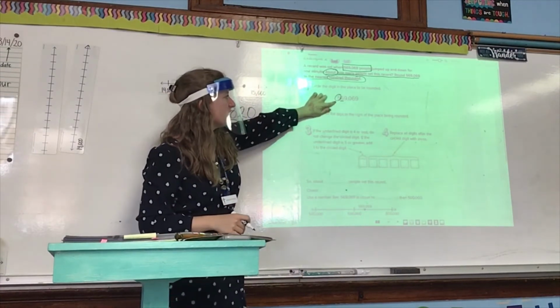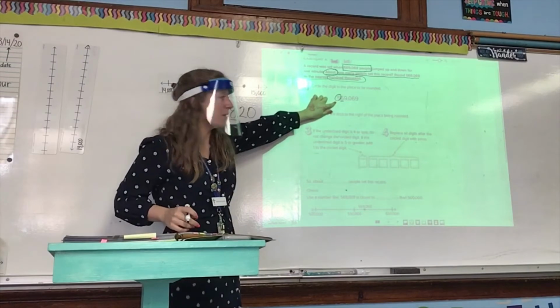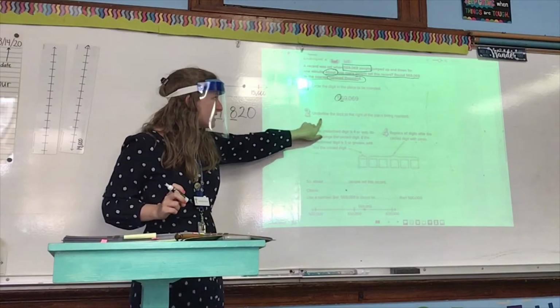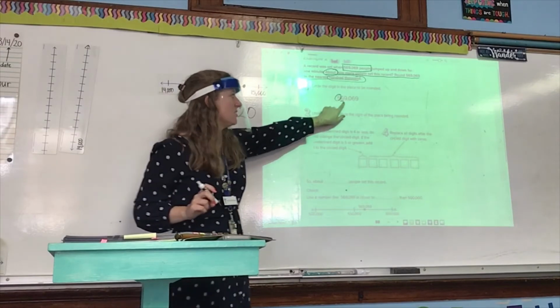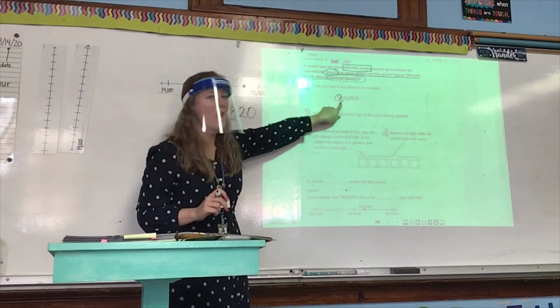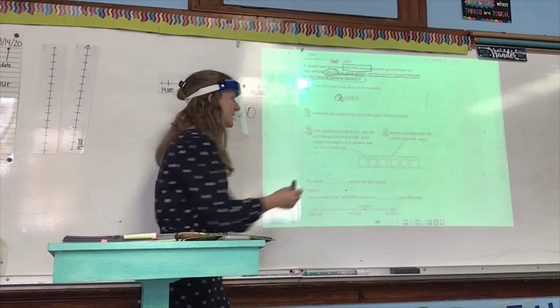I circled the digit in the place to be rounded. There was a 5 in the 100,000s place, so that's what I circled. Step 2 tells me to underline the digit to the right. Not way over here, just the one right next to it to the right, which in this case is a 6.